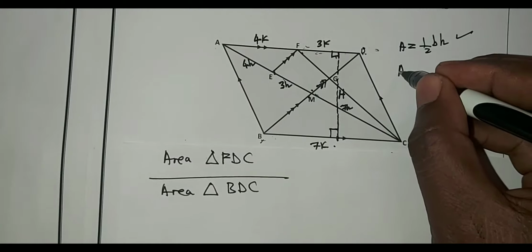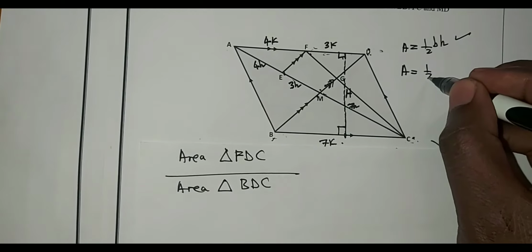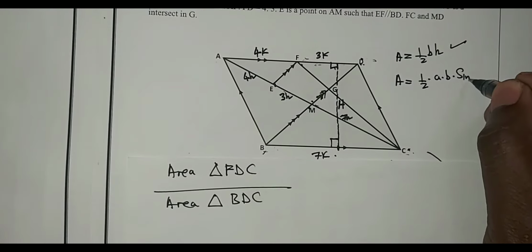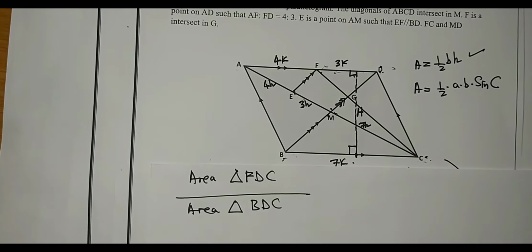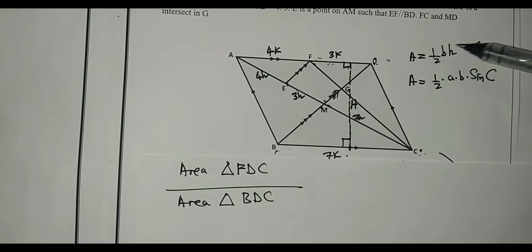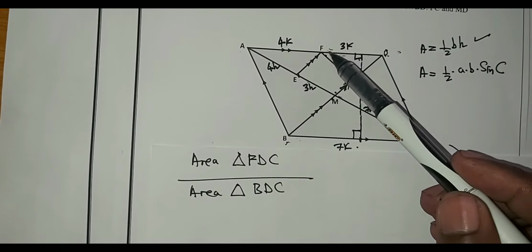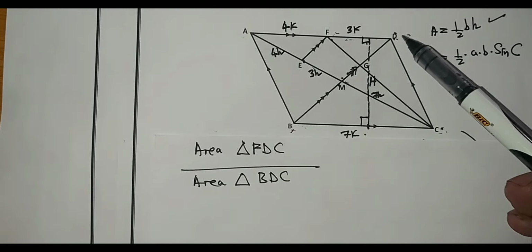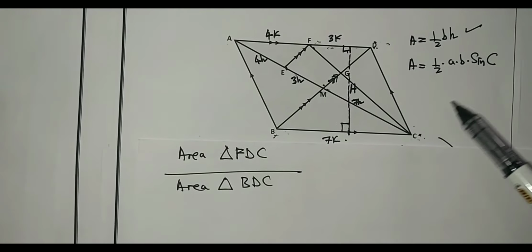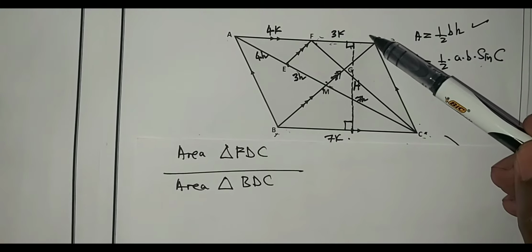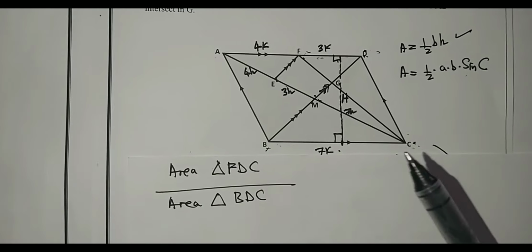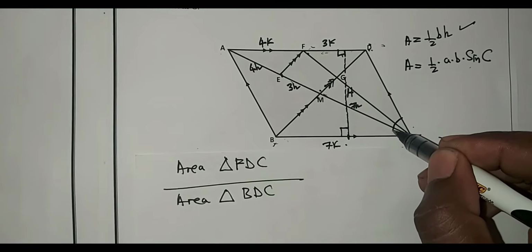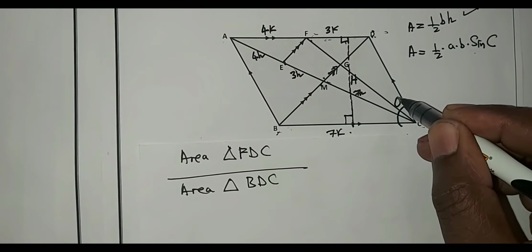You can also use A equals half of AB multiplied by sine of angle C. That is, half of the product of two sides, times the sine of the included angle. In this case, we can say FD times DC multiplied by sine of the included angle, which is this angle here. Since I'm also considering angle BDC, I can call this angle theta.